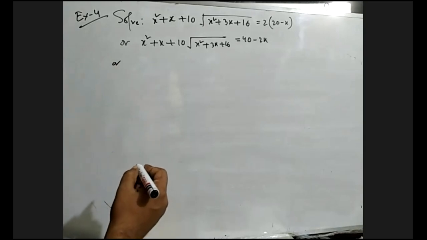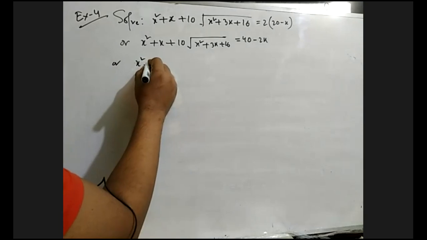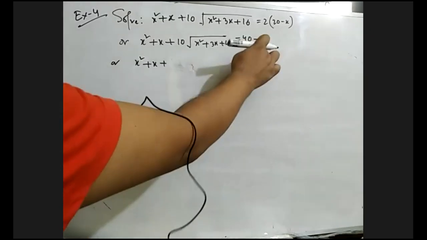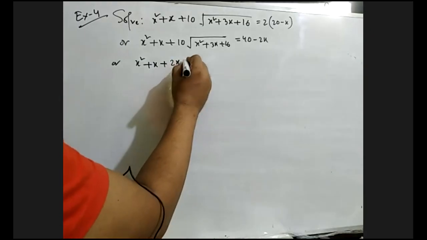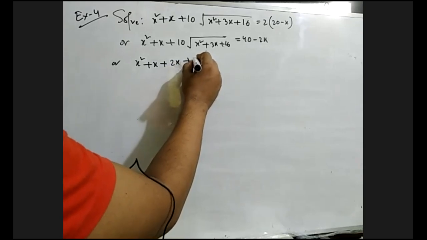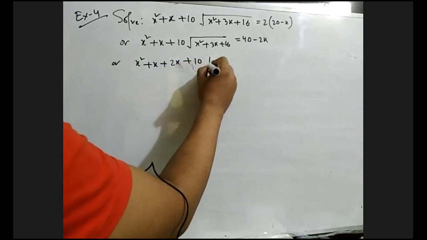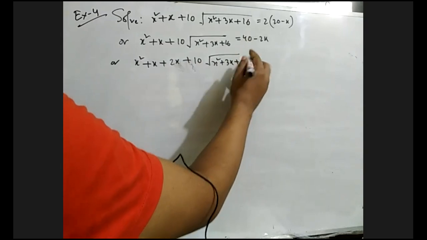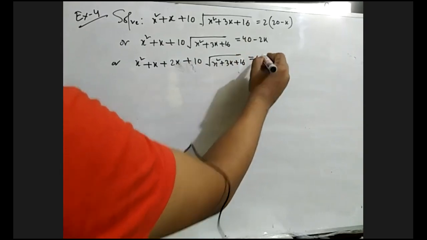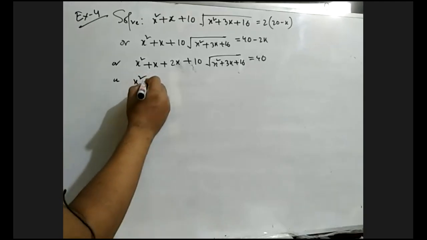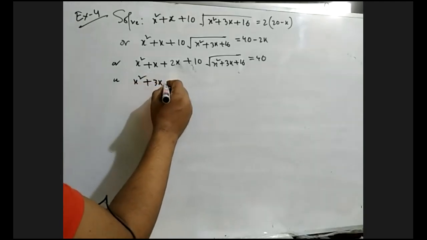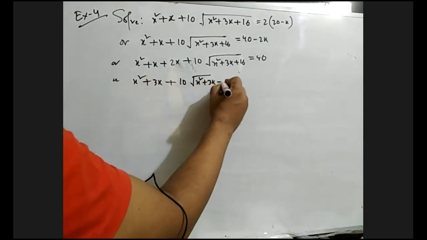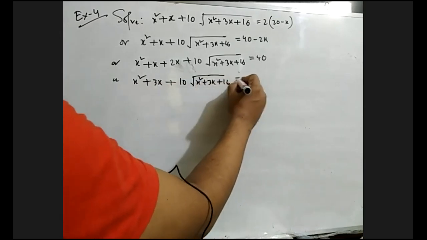Taking this twice x to the left hand side, x square plus x plus twice x, plus 10 root over x square plus 3x plus 16 equals 40. So x square plus 3x plus 10 root over x square plus 3x plus 16 equals 40.